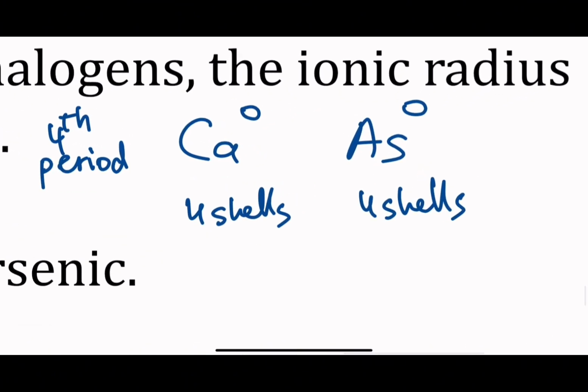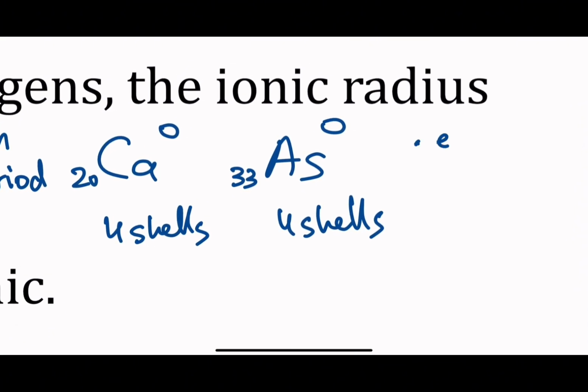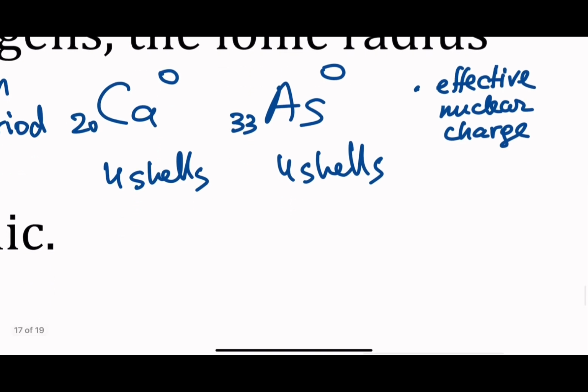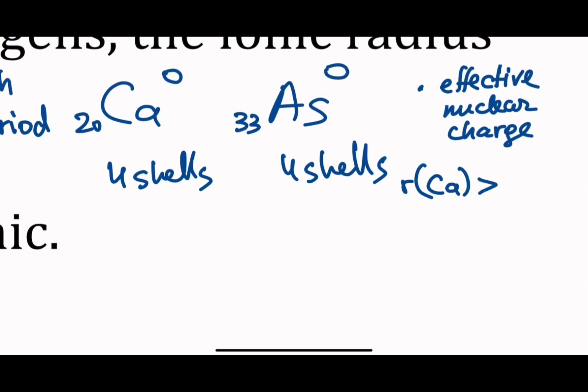But we know that calcium has 20 and arsenic has 33 atomic number. So because we know from here that effective nuclear charge needs to be used in the argument, calcium will have a bigger radius in 0 than arsenic. Because of the arsenic's bigger effective nuclear charge, okay?